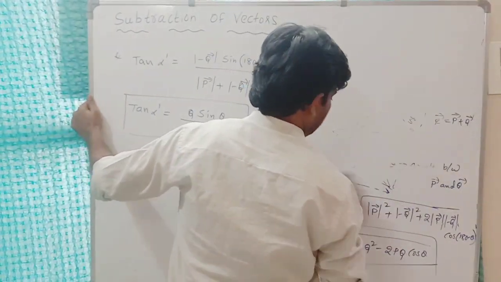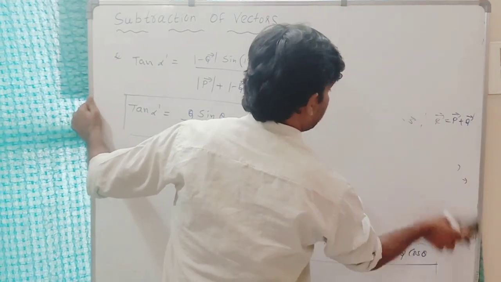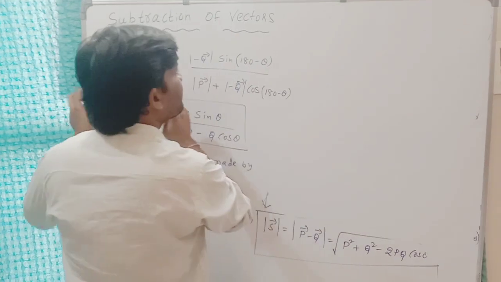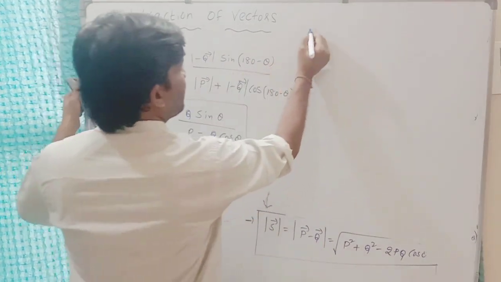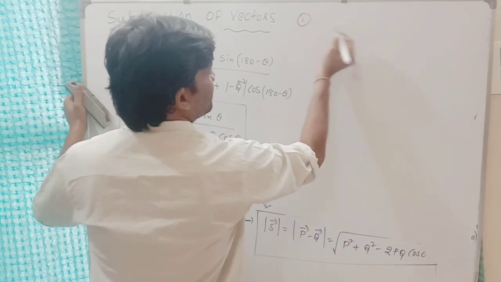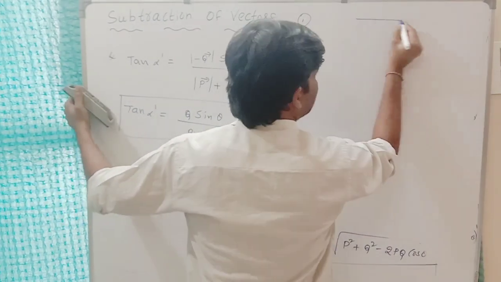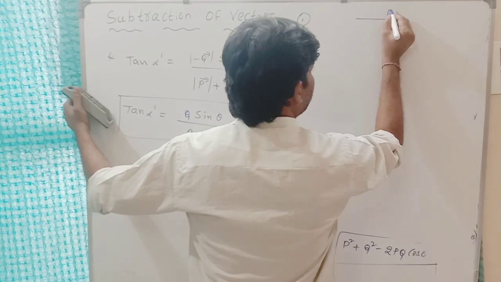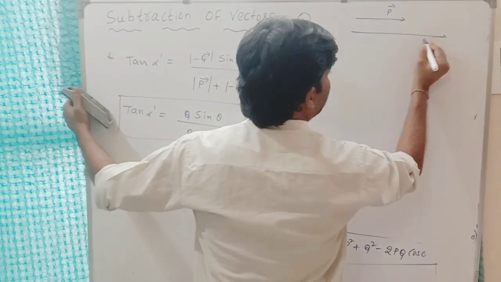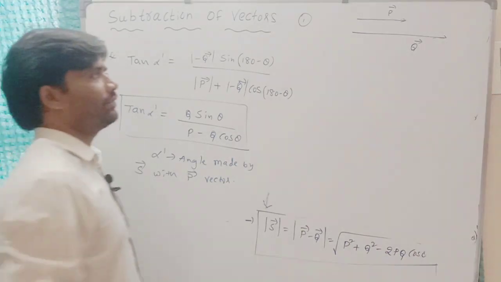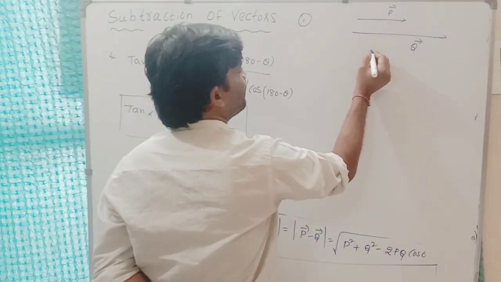Now the applications of this are special cases. You can see here, first case, if two vectors are parallel, like this. If this is the vector P bar and this is Q bar, and the two vectors are parallel, what is the angle between these two?